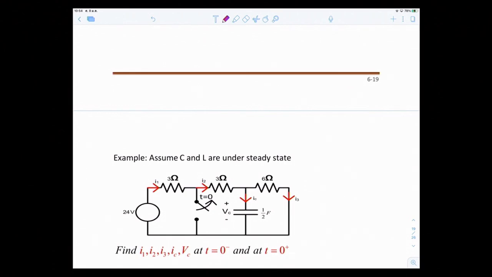This is the question. Pause your clip and copy. Find I1, find I2, find I3, find IC, find VC at t equal to 0 minus and t equal to 0 plus. So this is 24 volts.